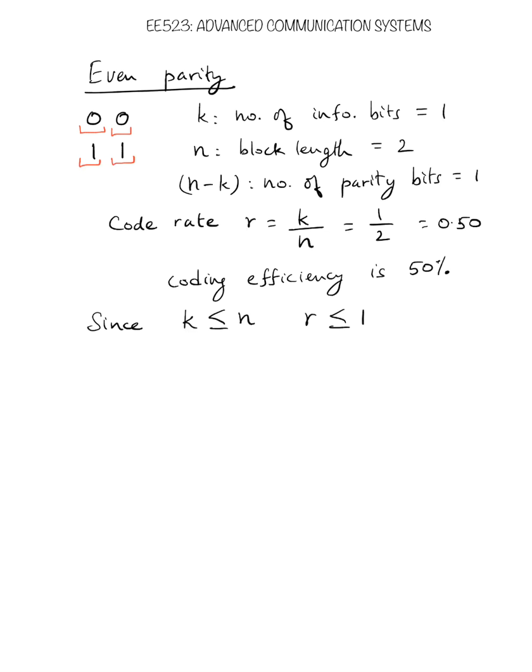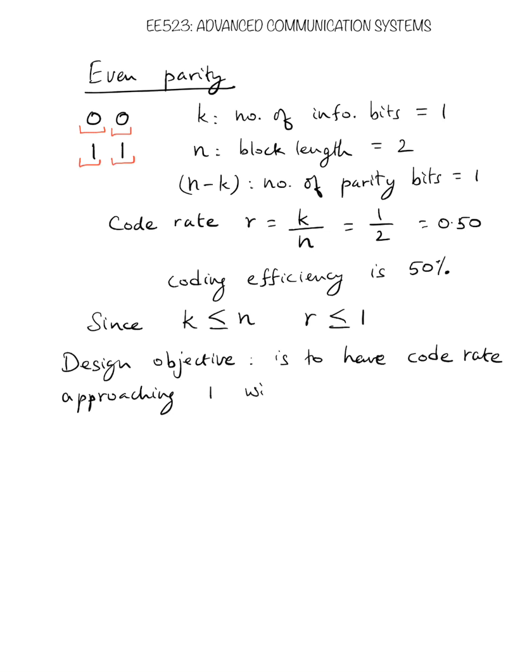So the design objective is to have code rate approaching 1, with maximum error detection or correction capability.